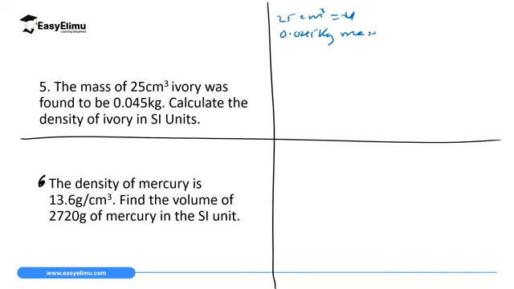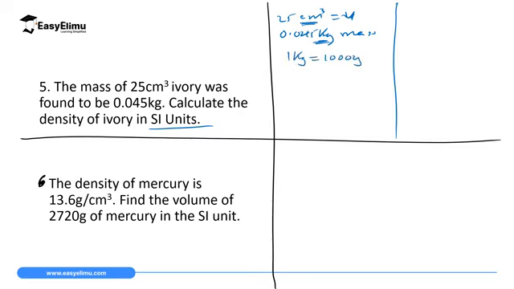Then the question is, calculate the density of the ivory in SI unit. So the first thing to do, you make sure you work with either SI units or you convert them to have uniform units. If you are using centimeter cubed, then here it must be grams. If you are using kg, it must be meter cubed. So let's convert kg to grams. Then 1 kg is equal to 1000 grams.